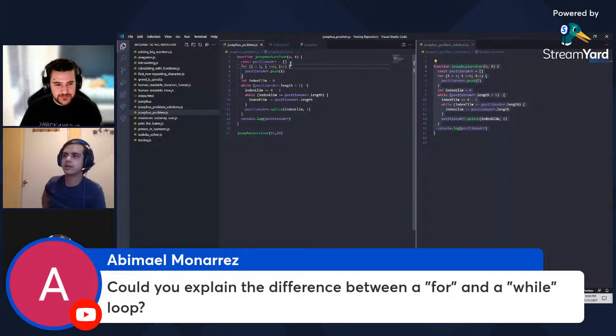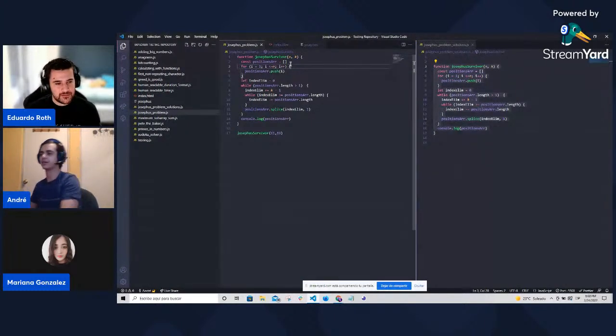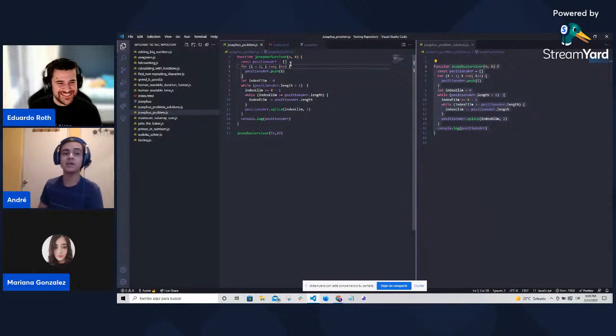Well, in this case, you could even not use a while, because, for example, you can calculate how many rounds you are going to do. I haven't thought about the difference more deeply, but I think that at the end it may be the same thing, just written differently.